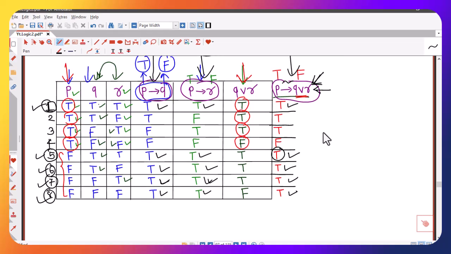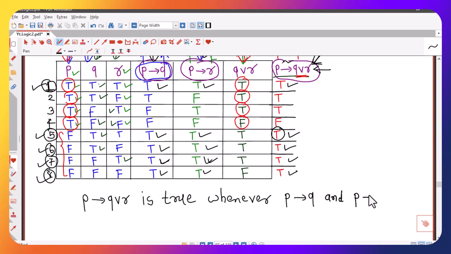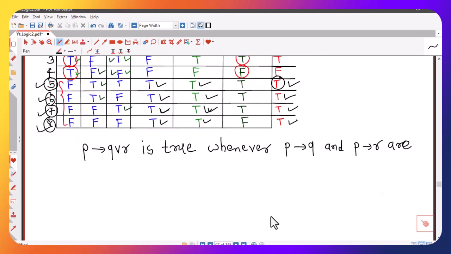Therefore, we can say that P implies Q or R is true whenever P implies Q and P implies R are true.